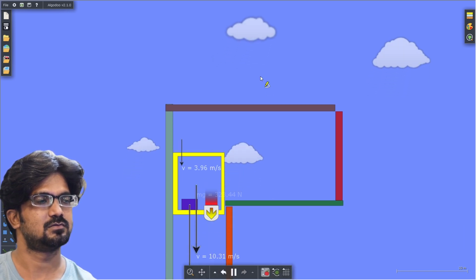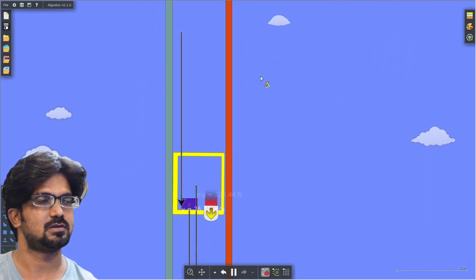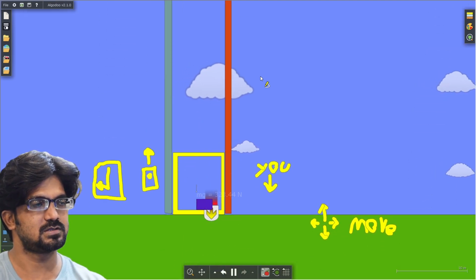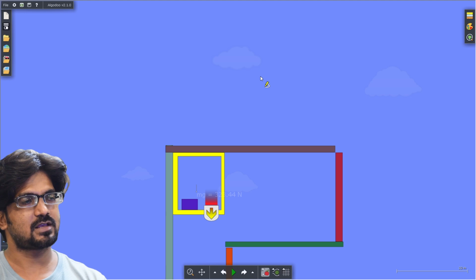With very little acceleration, you can now see it stick to the ground. But still, with a jerk, it will rise to the ceiling. So this is the lift experiment that we have done.